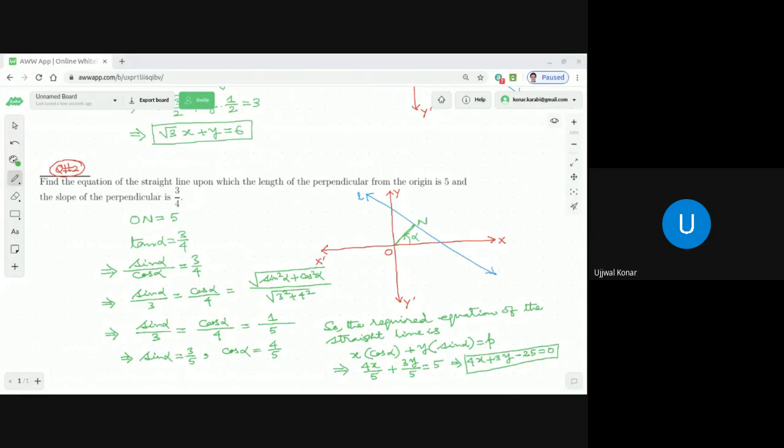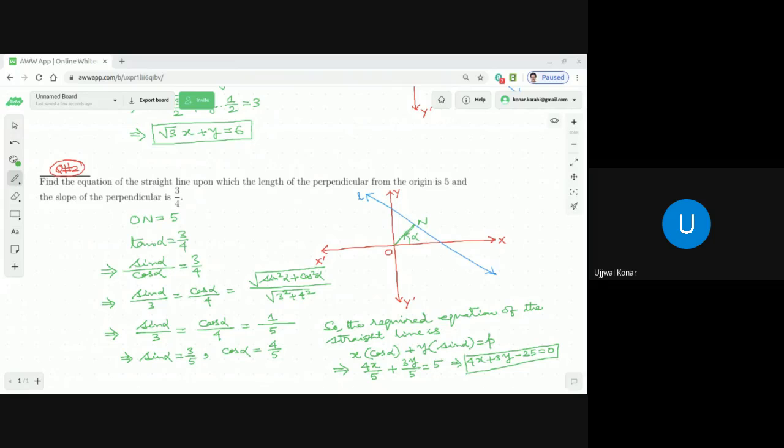Now we can discuss the general form of a straight line, and we will see how from the general form we can find different attributes of a straight line. Different attributes like what?